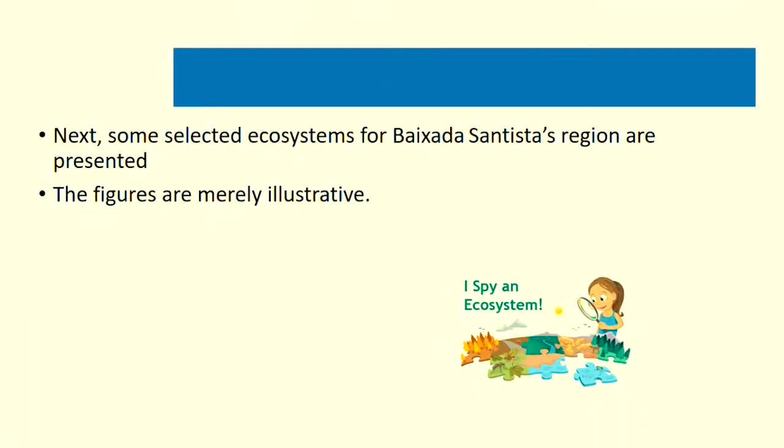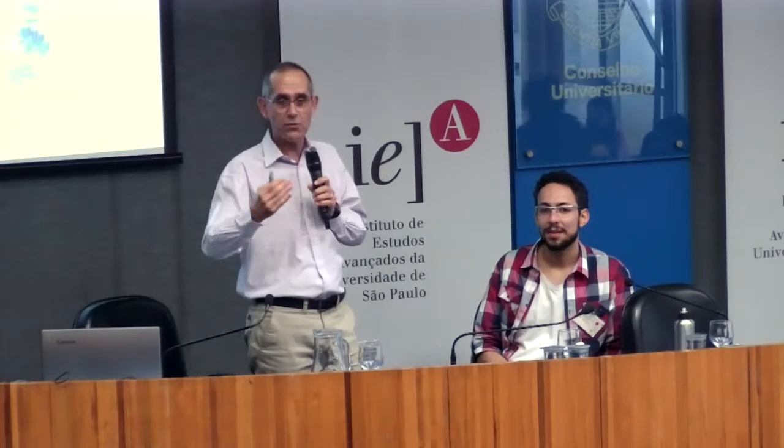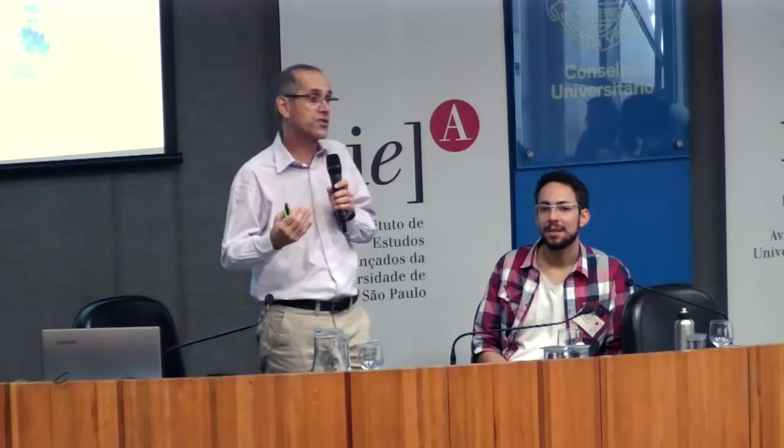So what we're going to do is you select some ecosystems. The region is called the Baixada Santista. I don't know if there is an English name for that, but it's the coastal zone close to Santos. That's the word Santos, the Santista, okay?